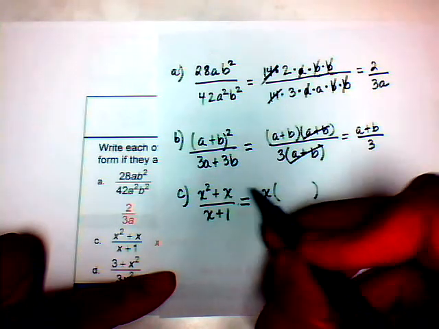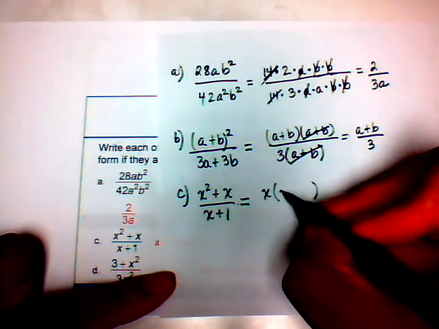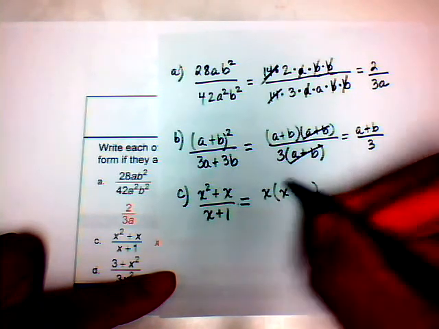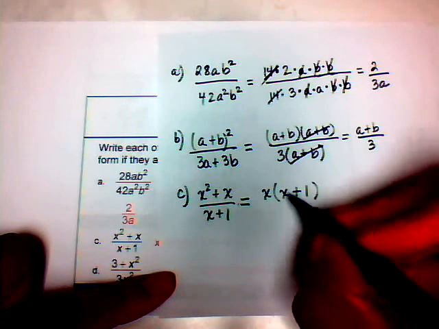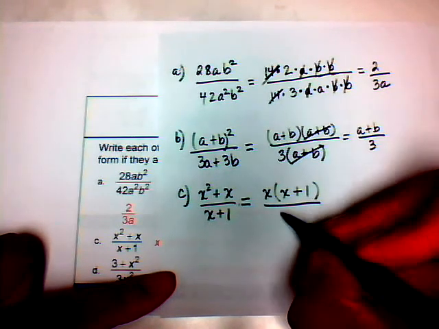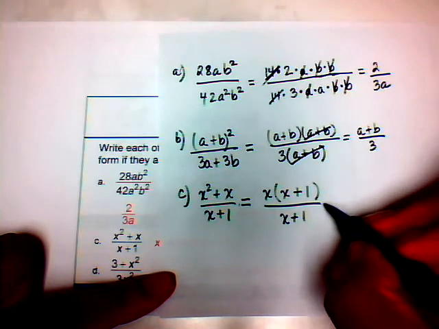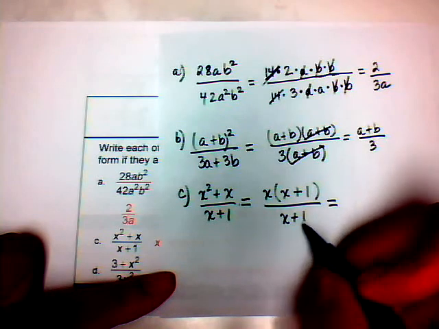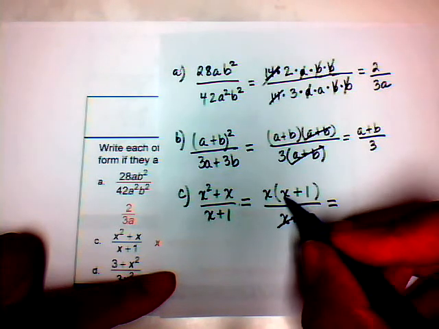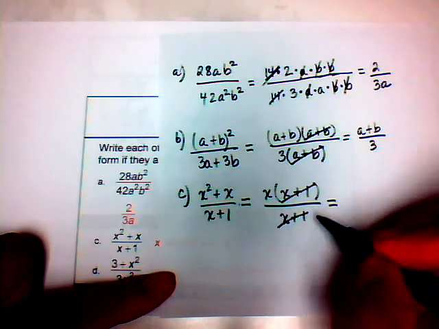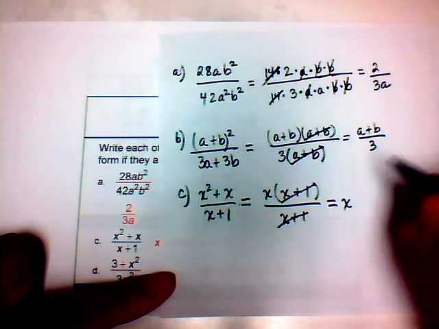Now when I do x squared divided by x, that will give me the x, and that x goes on the inside. Then plus x divided by itself is 1. So I have x times the quantity x plus 1, and that's divided by x plus 1. And as long as this x plus 1 does not equal 0, I can divide the x plus 1 out completely in the numerator and the denominator, and I'll be left with x.